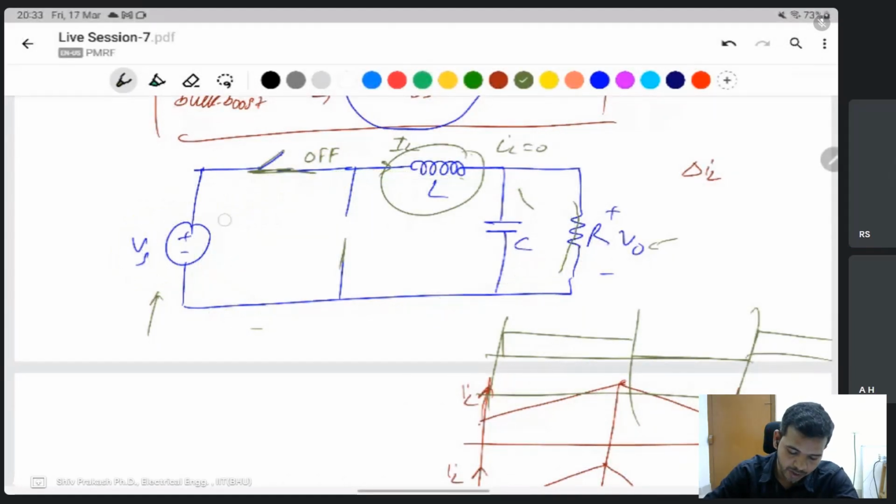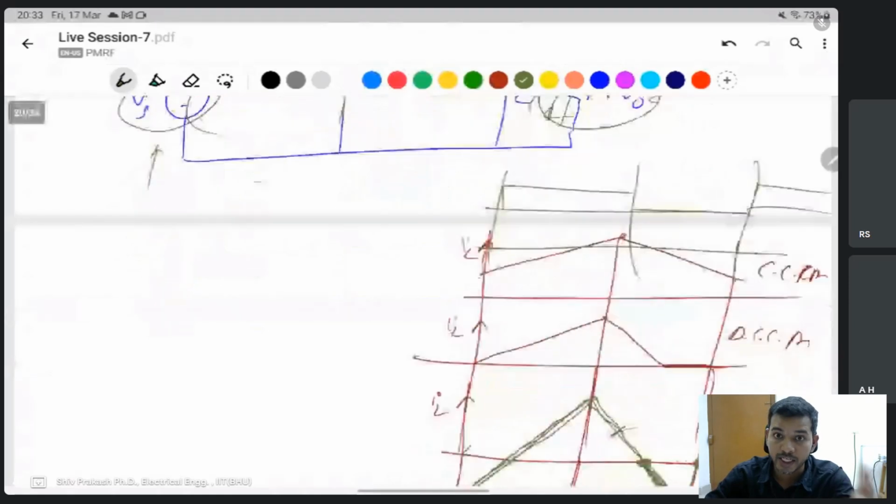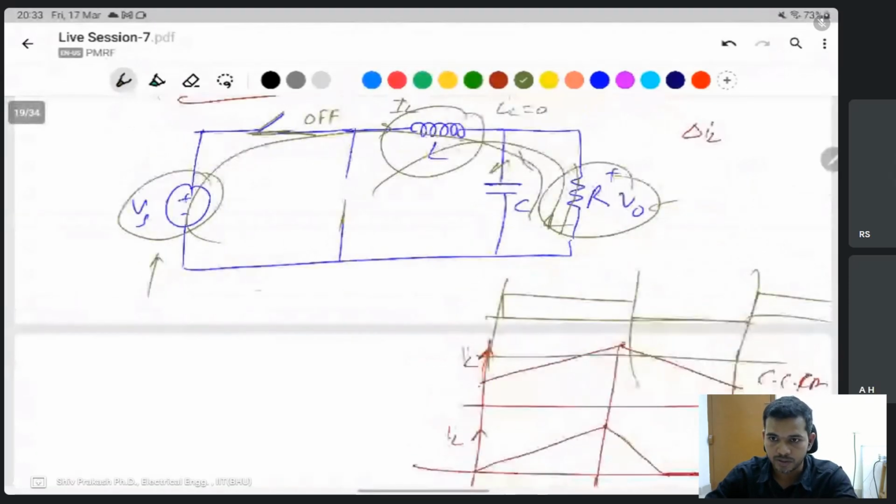Like that, if you have a battery driving a motor, in the positive direction the motor will run. If the motor goes into the regenerative mode, at that time the motor feeds the source and the battery will charge.